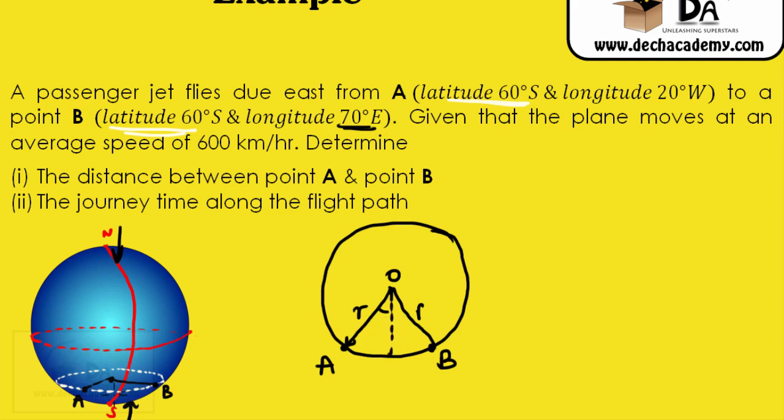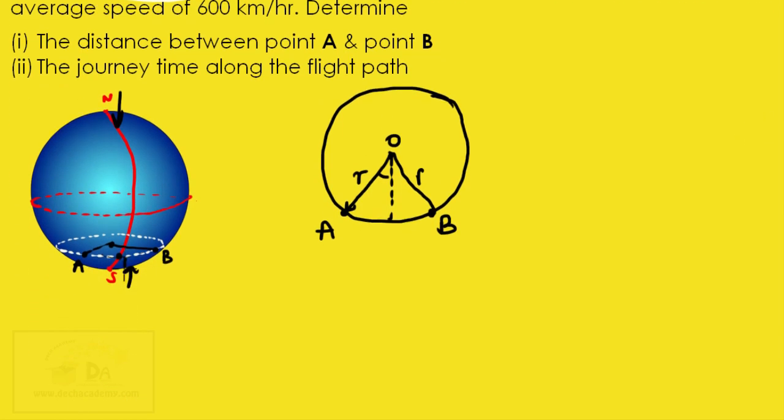Now, if I call this point here where the prime meridian intersects with this line of latitude point P, I'll show that point P here. Now, the angle formed from P to A is the longitude of point A. The angle formed as one moves from point P to point B is the longitude of point B. So this angle here is 20 degrees, and this angle here is 70 degrees.